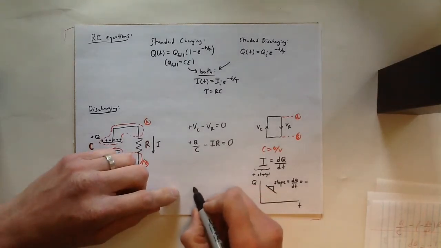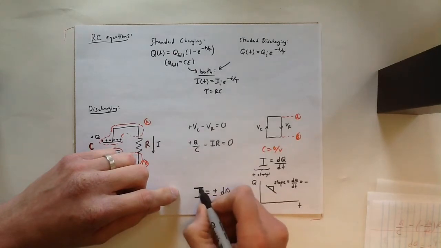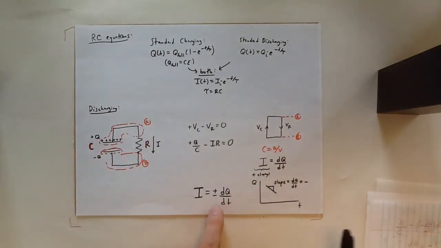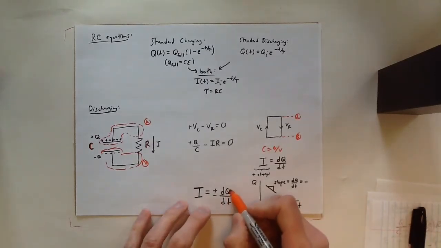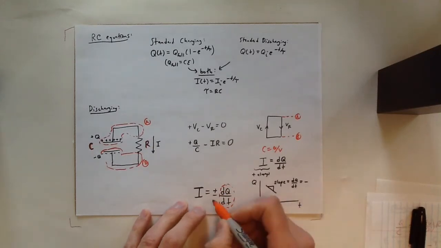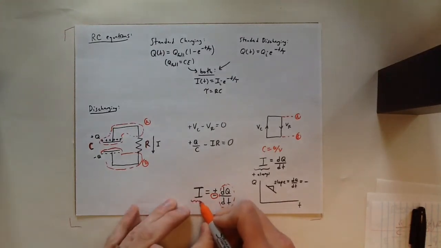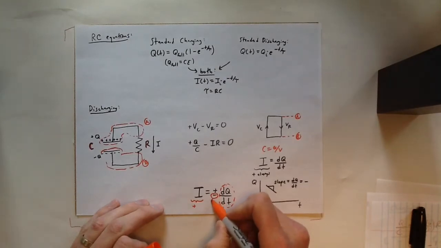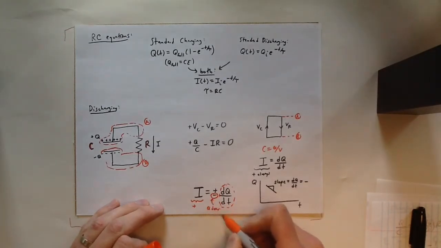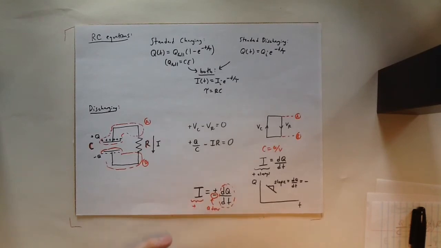So what we do is give ourselves an extra sign. We let there be a plus or minus sign in the front. If dq dt was going to naturally be negative, we pick an extra negative. That'll make this positive. That keeps this positive. So whenever the charge is decreasing, we say I is minus dq dt simply to keep the current positive.